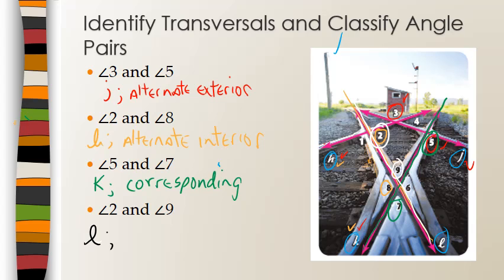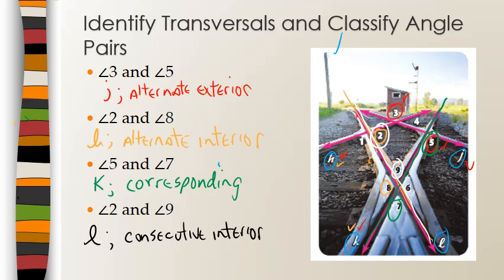L. Okay, so if that's the case, then 2 and 9, well, they're on the same side of this transversal, if L is my transversal, and they're both on the inside of lines H and K, and so therefore, since they're on the same side of the transversal, they're both on the inside, they're going to be consecutive interior angles.